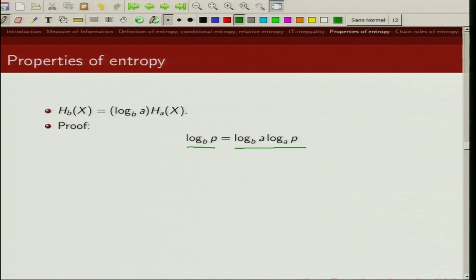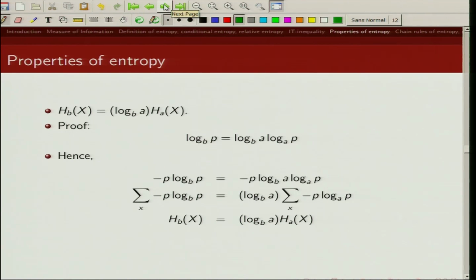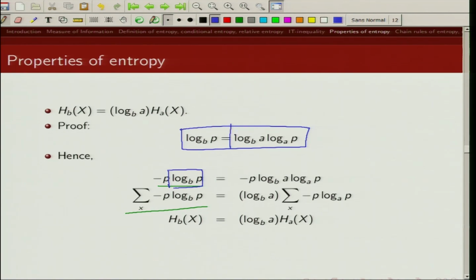Now what is the definition of entropy? We have to compute entropy to the base b. So we have to compute minus p log of p, and sum it over the support set of p. Now we know that this quantity is equal to this, so we replace this by this in this expression, and we get this expression. Now we are summing over the support set of x.